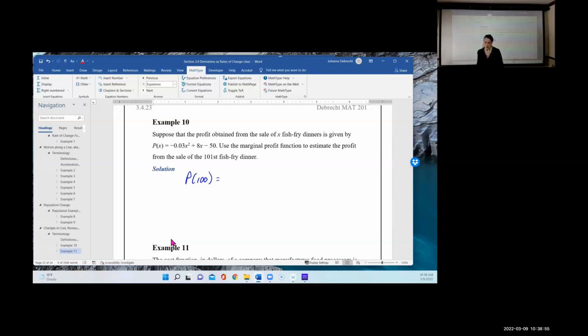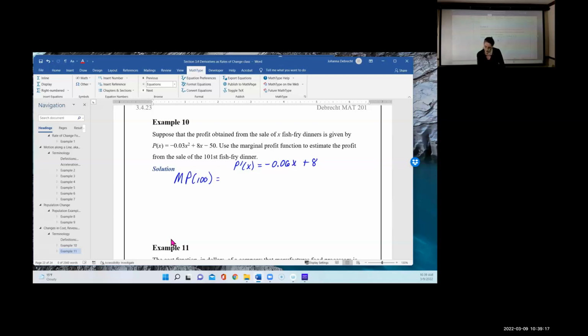Okay. So when I'm looking at P' of 100, the marginal profit, I need to find the derivative of this equation. So the first thing I do is I find the derivative of that equation, which is going to give me negative 0.06x plus 8. All right.